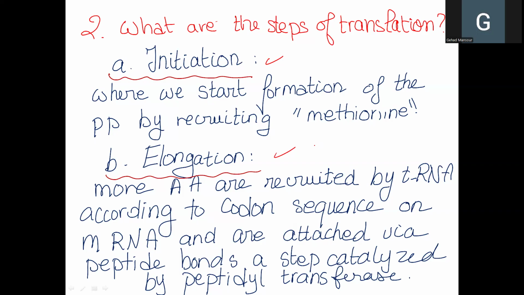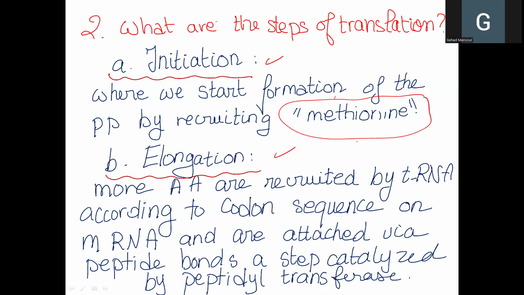So initiation is where we start. It is the process by which we start the process of translation. And in order to give the signal to start the process of translation, we have to recruit methionine. Why?